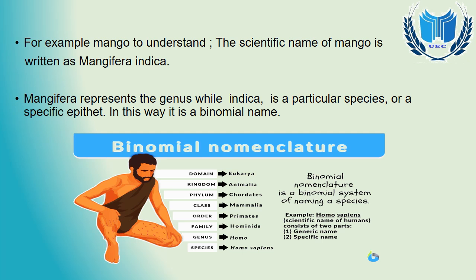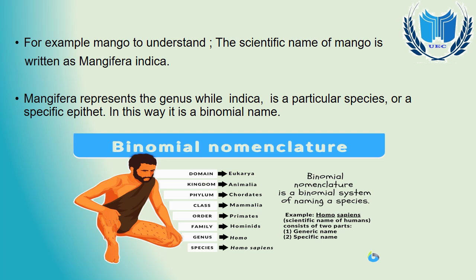First is Mangifera, another is indica. So Mangifera is the genus and indica is the specific epithet, the particular species of mango. So Mangifera represents the genus while indica is a particular species or a specific epithet.